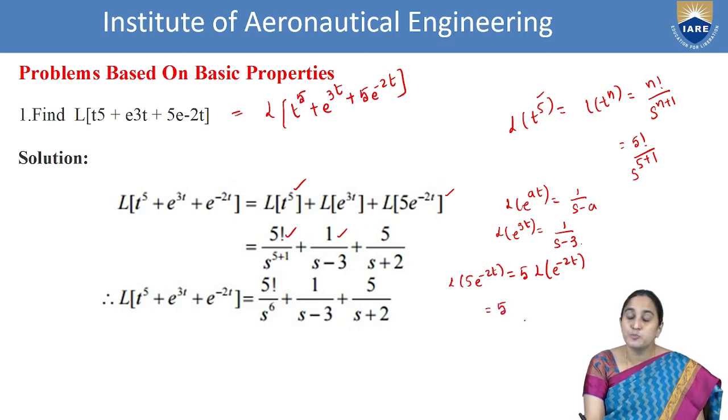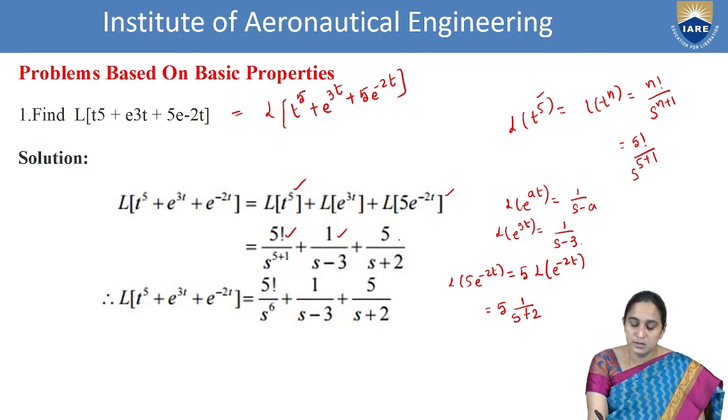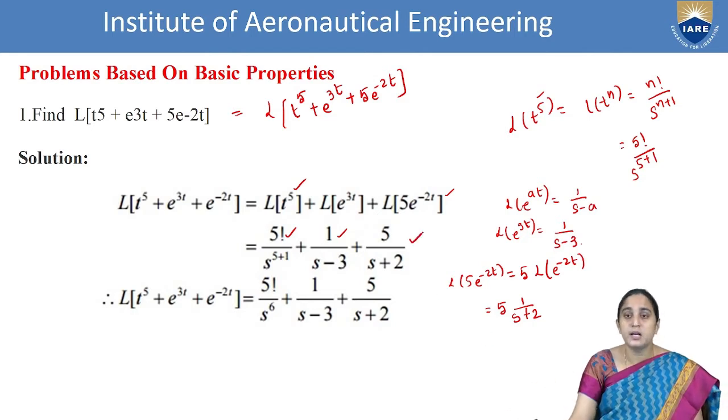That is exponential power as negative, for that case the formula is 1 by s plus a. But here, what is the t coefficient? The t coefficient is 2. That means 5 by s plus 2. Therefore, the value of Laplace of 5 into e power minus 2t is 5 by s plus 2.